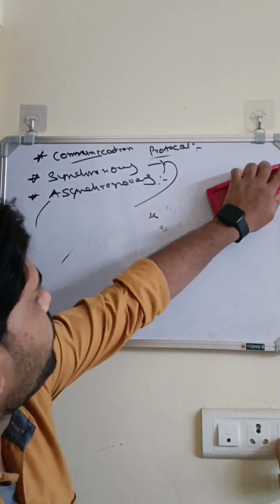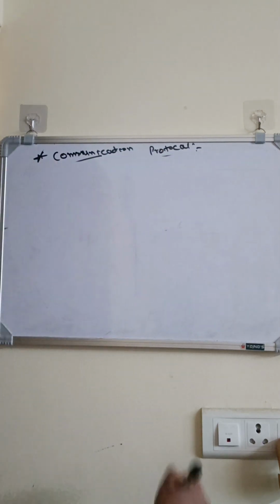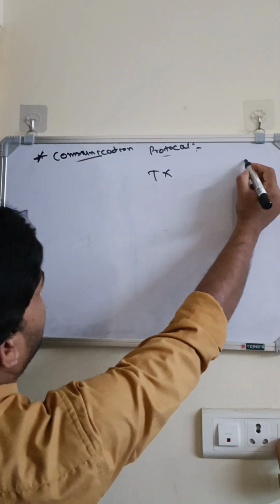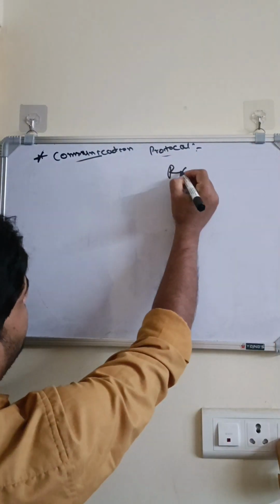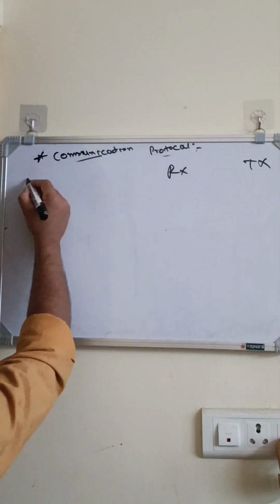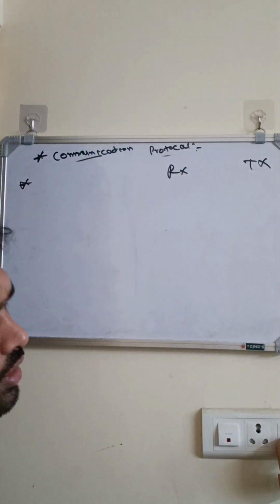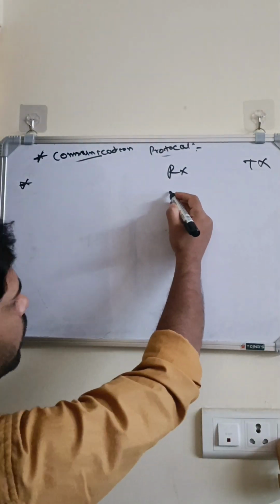Before that I will take TX and RX. RX is the receiver and TX is the transmitter side. First we will see transmitting the data, TX to RX or RX to TX.